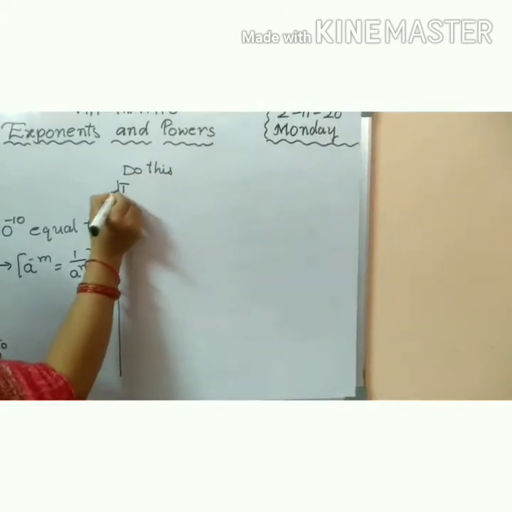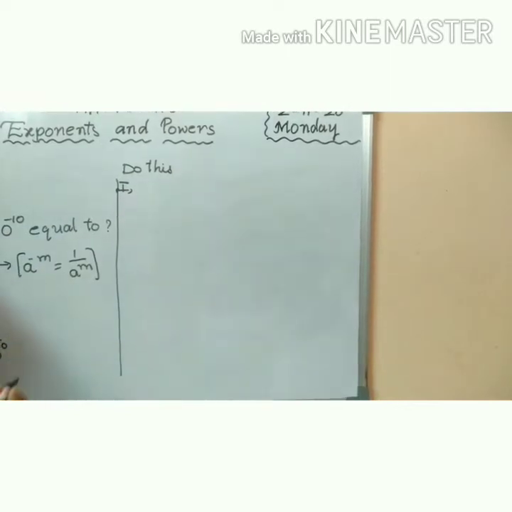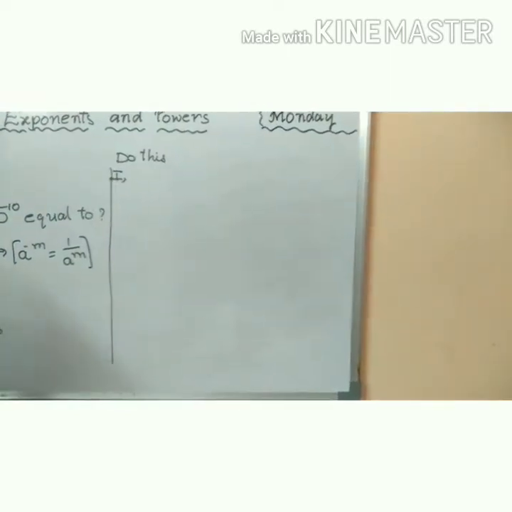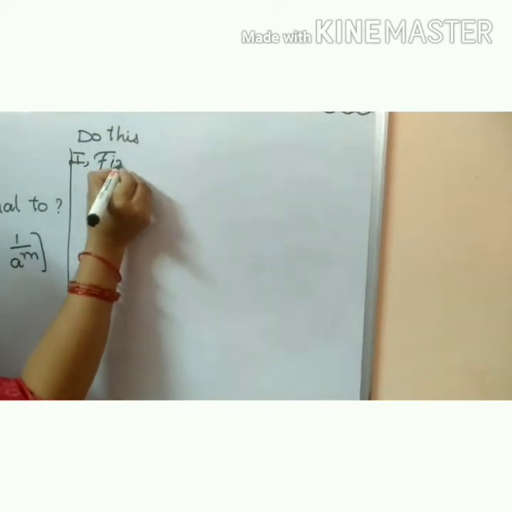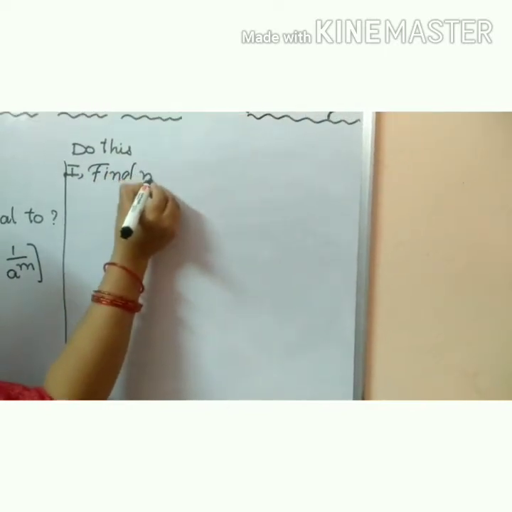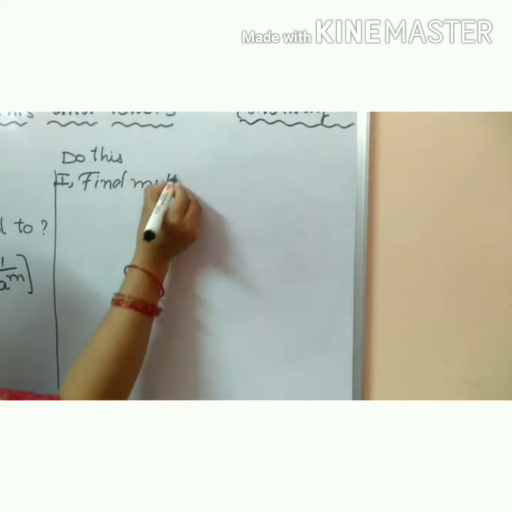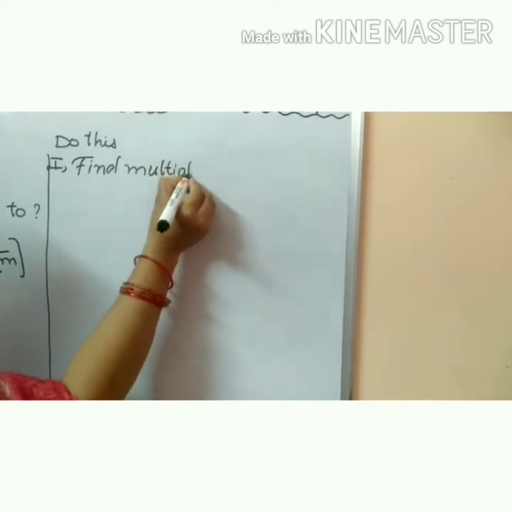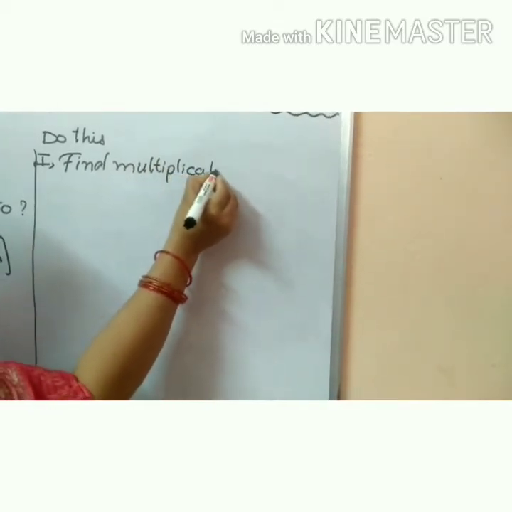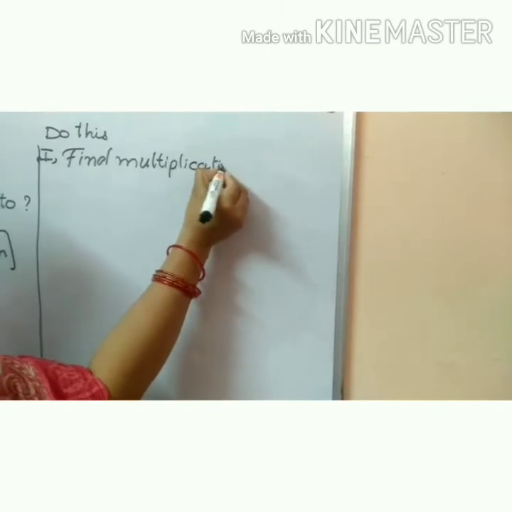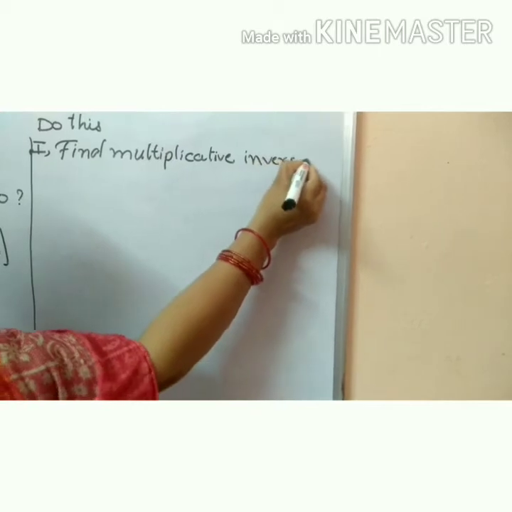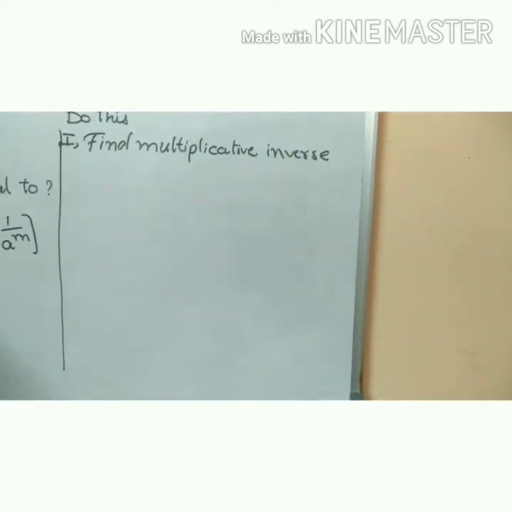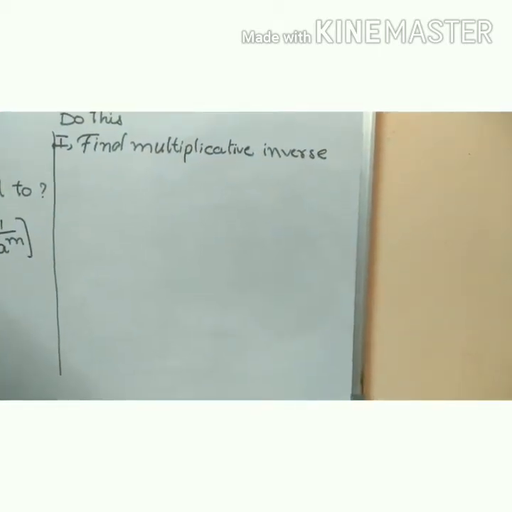First, Roman numeral one: simplify. Find the multiplicative inverse. Find the multiplicative inverse of the following.